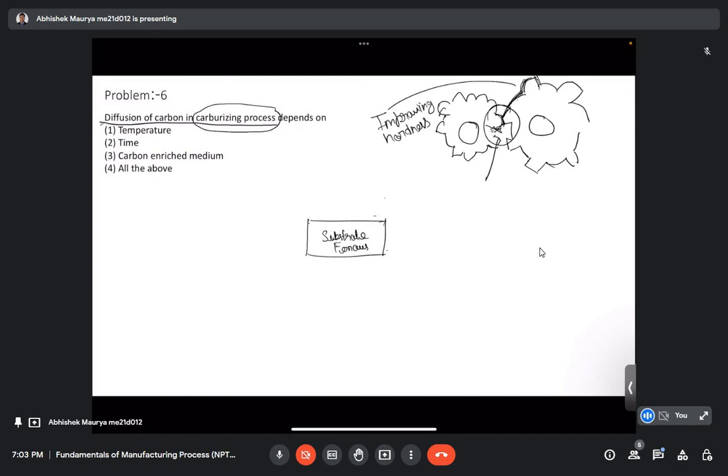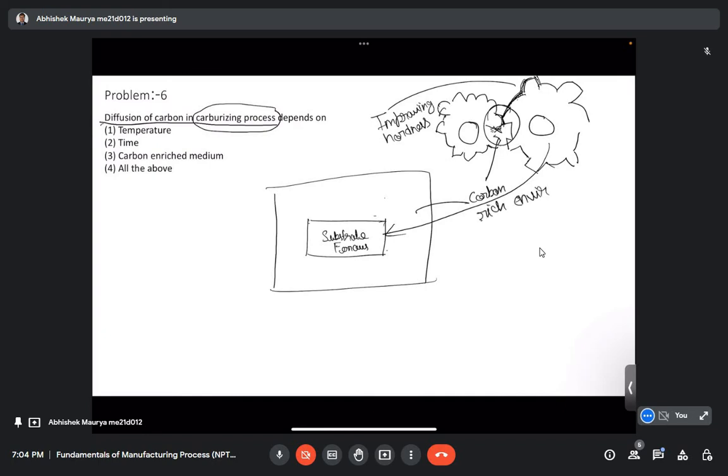And for that, what we do, we bring this gear into a carbon rich environment. So basically this is our gear, and here we have the carbon rich environment, or the compounds which have carbon.